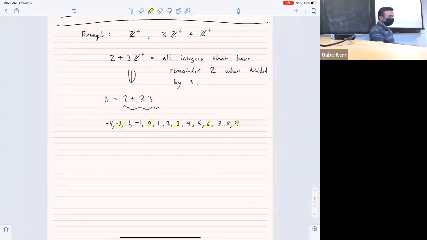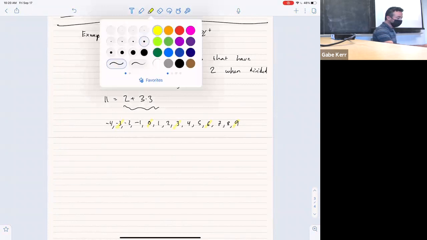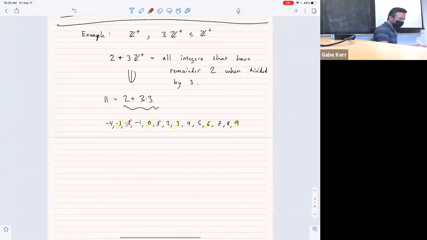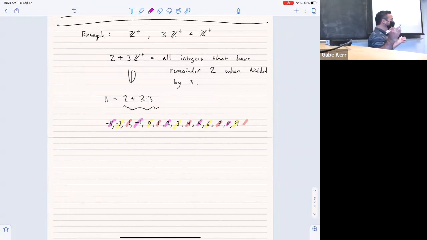Then you can shift that over 1, and those are all going to be the numbers that have remainder 1 when you divide by 3. If you shift again, you get all of the ones that have remainder 2, the one we were just looking at. And those are all of the cosets you get, because when you divide by 3, you're going to have a remainder 0, 1, or 2. That's it. Those are the 3 cosets you get.